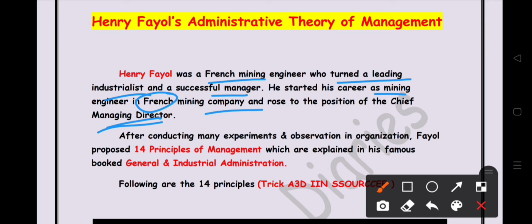After conducting many experiments and observations in the organization, Fayol proposed the 14 principles of management, which are explained in his famous book General and Industrial Administration.